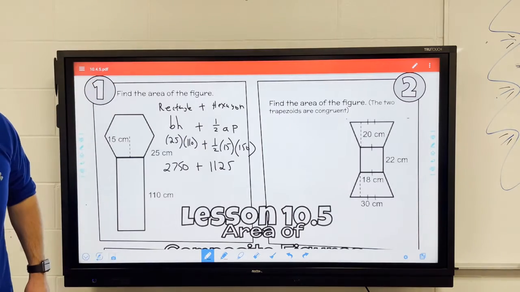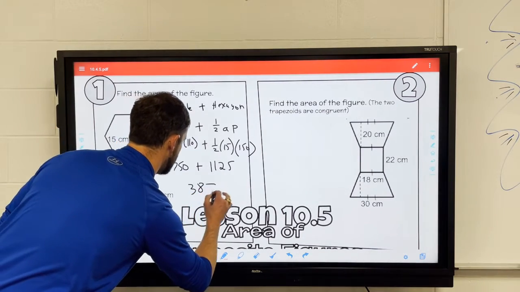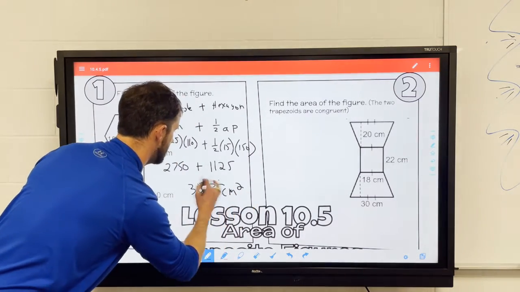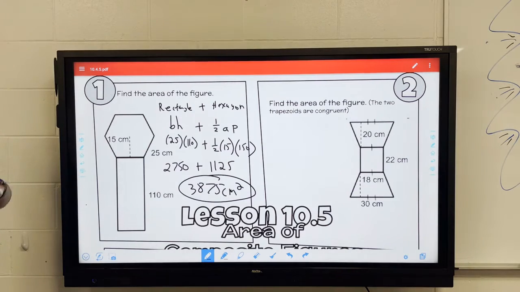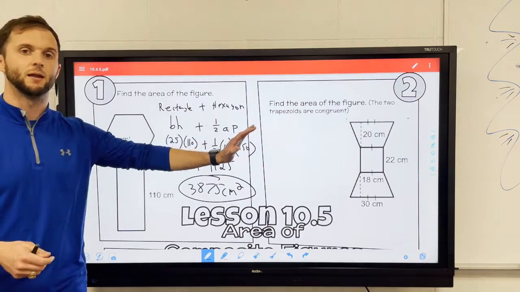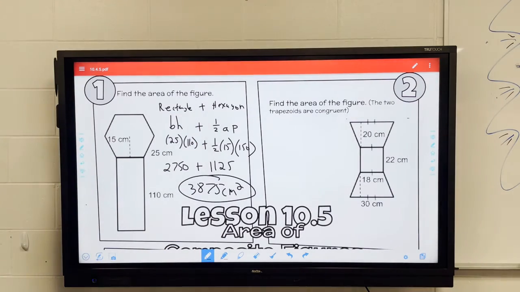Then all I have to do is add the two together, 3,875, and that's going to be centimeters squared. So again, what you have to do is find what two or multiple shapes you're dealing with, create a plan, and add all of those areas together to get your total area. Okay, that is composite area.